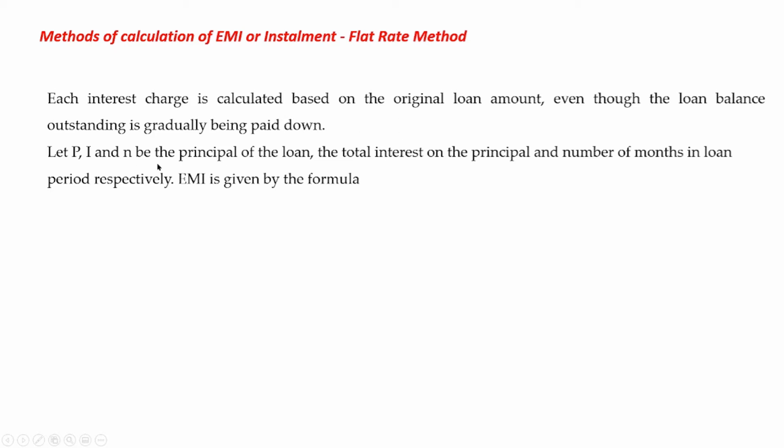If we consider P as the principal of the loan, I as the total interest on the principal, and N as the number of months in the loan period, then EMI using the flat rate method is given by the formula EMI is equal to (P plus I) upon N.